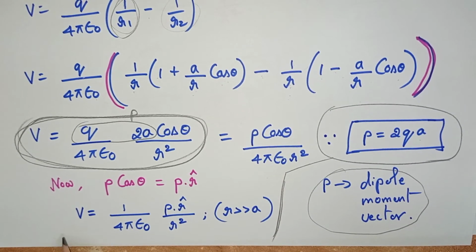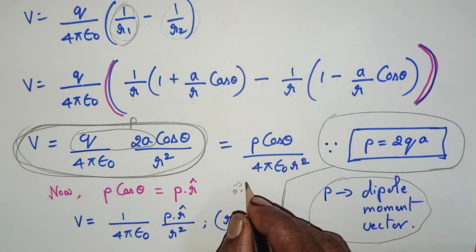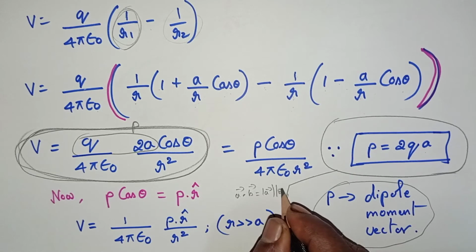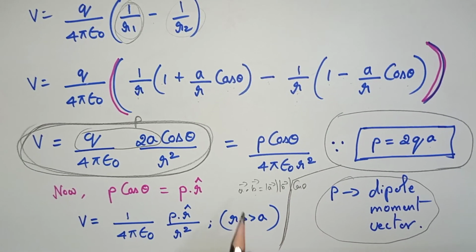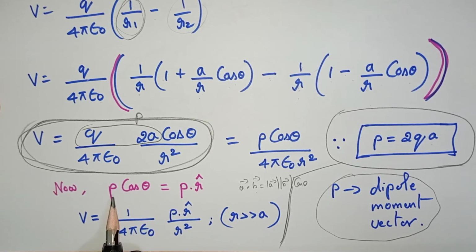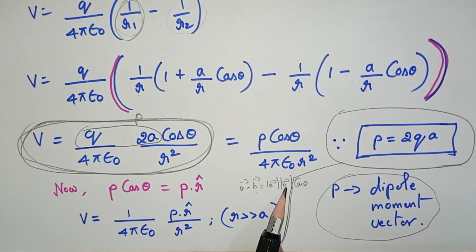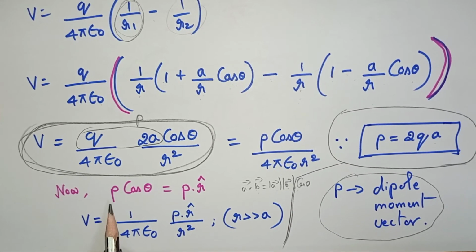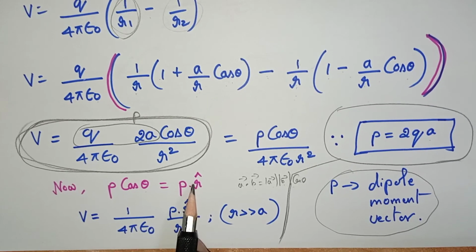Now you know the dot product rule. A vector dot b vector is equal to magnitude of a vector, magnitude of b vector, into cos theta. Now if b vector is going to be a unit vector, then its magnitude will become 1. That means it will become a cos theta. So P cos theta can be replaced by P dot r cap.